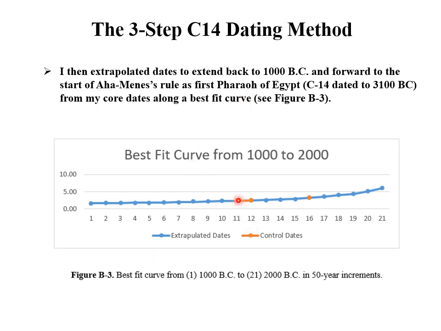Okay, so here are my control dates, and this constitutes my core dates, and then I just extended it out to Ahamen's rule at 3100 BC here in 50-year increments, and then I extended it all the way back to 1000 BC, and these are all 50-year increments along there. Okay, so I just extrapolated those dates from my core dates.